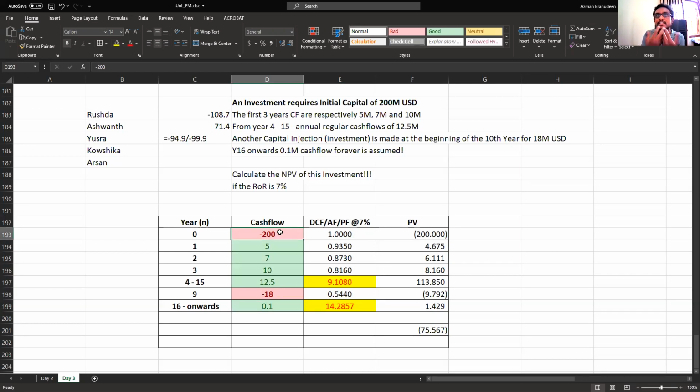It's our money we are spending on this project. So it's an outflow for us. 18 is also such. It's a capital injection. You're investing, you're putting money into it, you're spending. So those two are negative. Rest of it is money that is coming to us, the money that is being earned by the investment. So it's positive. Does that make sense?